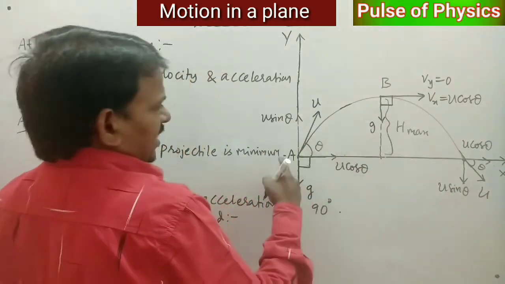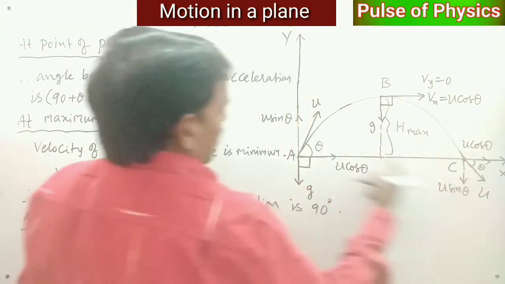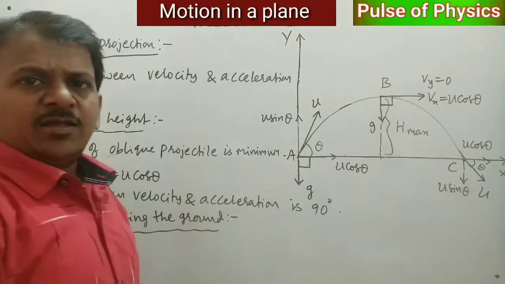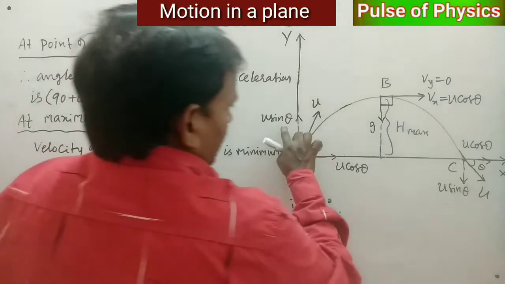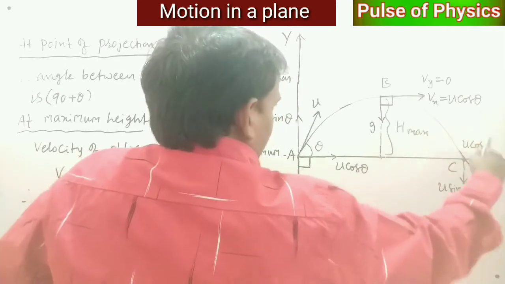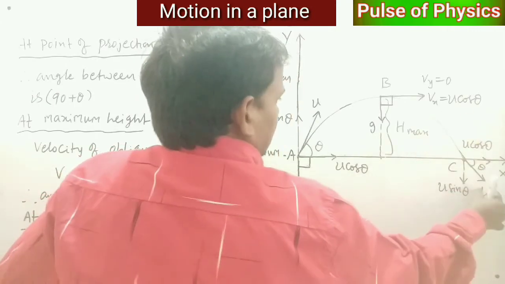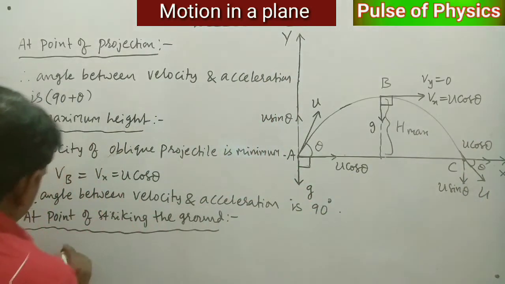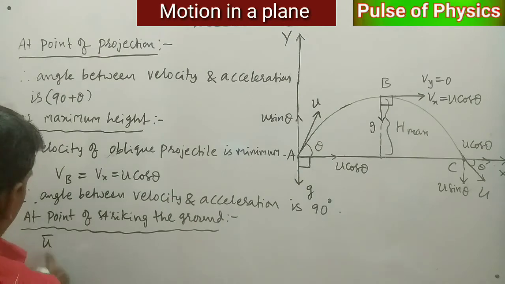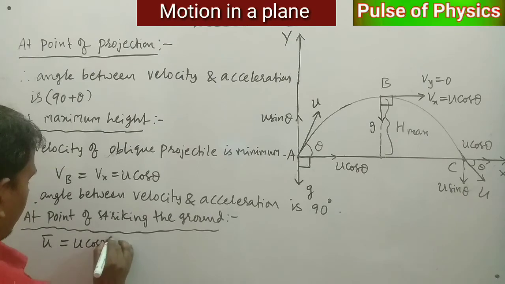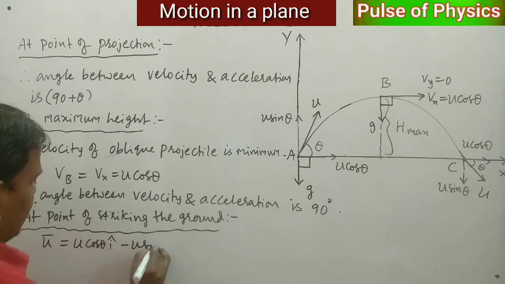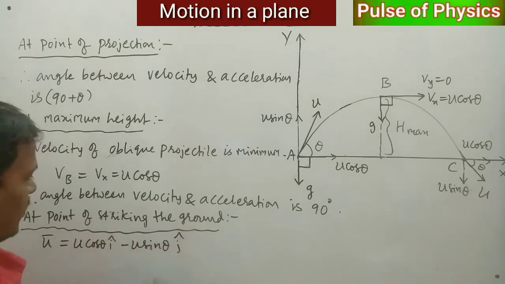So at A and at C, these two are opposite in direction. Now the velocity in vector form at the point of striking the ground: u bar is u cos theta i cap minus u sin theta j cap.